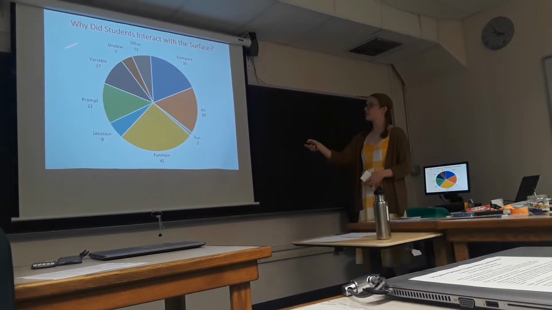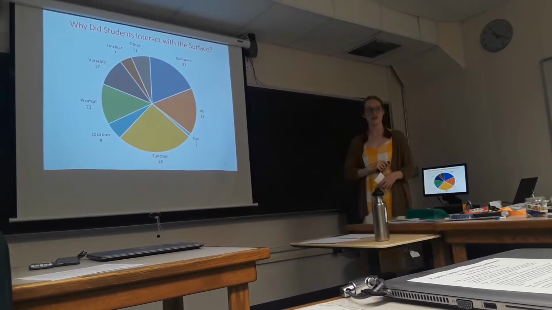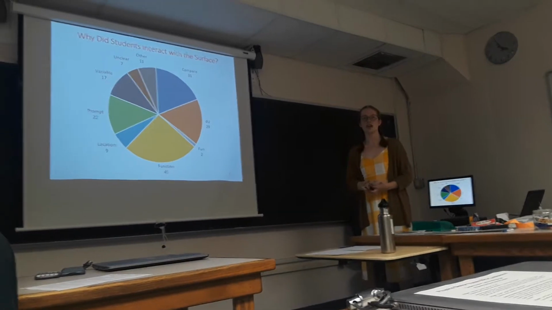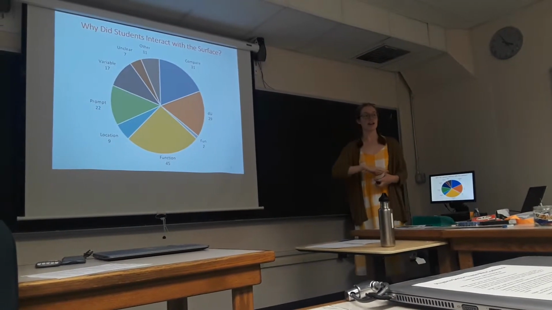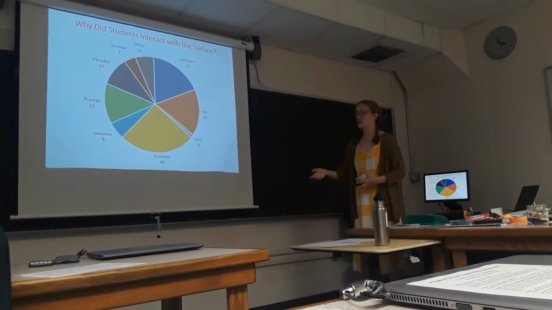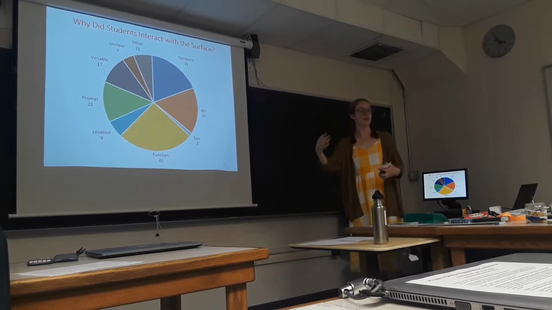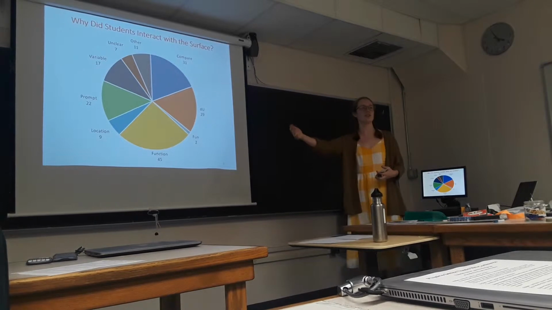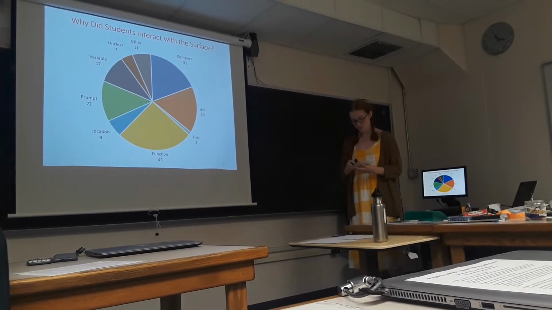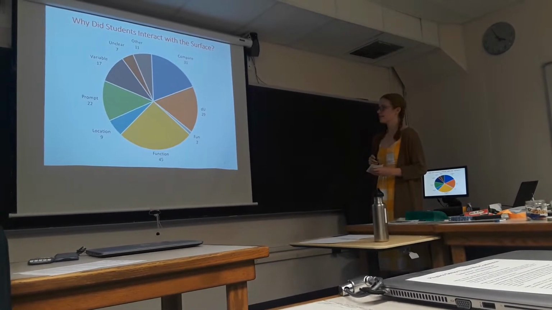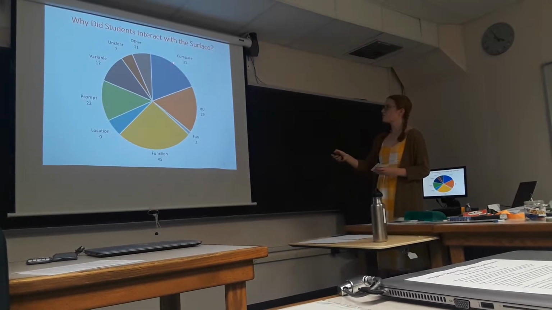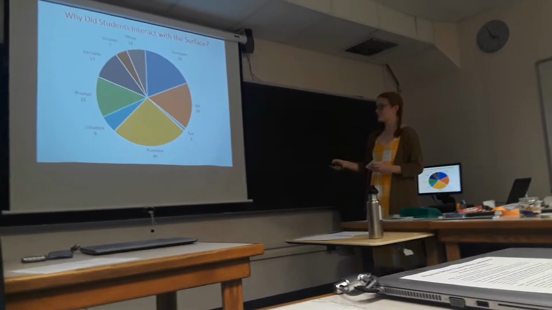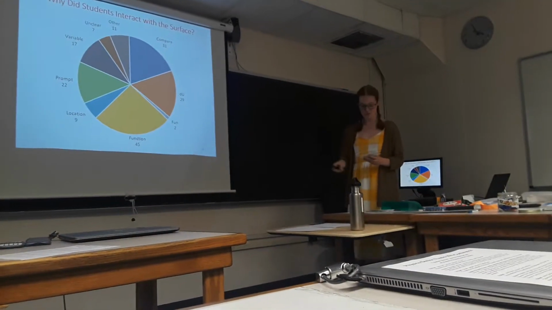And then we have variable, which is similar to functional behavior, but students were not looking at the variable as a function. It was more of the height represents the gravitational potential energy, rather than the gravitational potential energy increases over distance. So, a couple of trends on this. Students mostly used the contour or the surface to compare, examine the derivative, and examine the functional behavior.